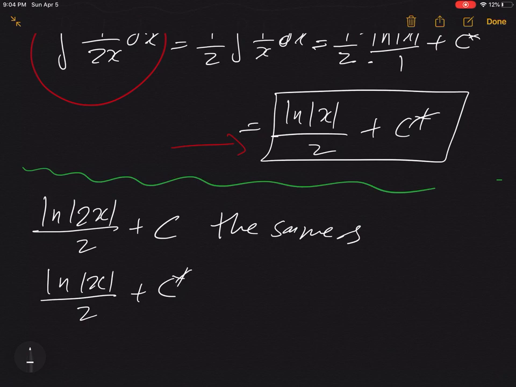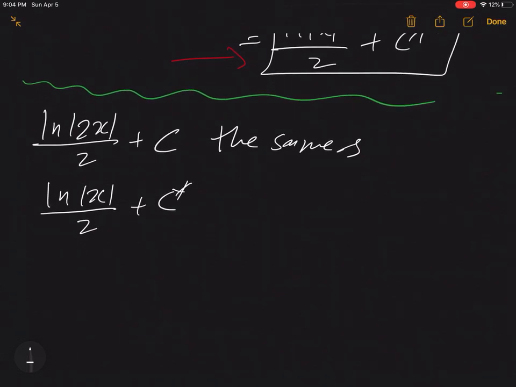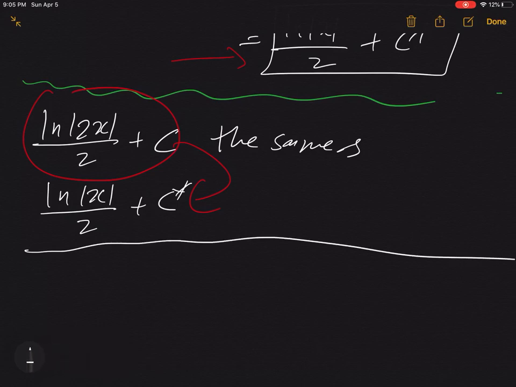So let's show that they are identical, but not equal in the numerical meaning, and I'm going to clarify what that means. I'm going to reach the result by proving that this is identical to that. That is, I'm going to start from the above answer, the ln of absolute 2x over 2 plus c.